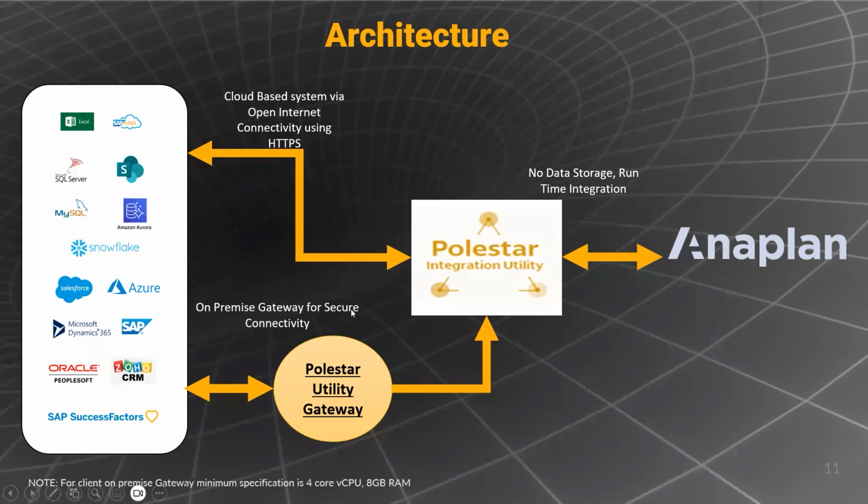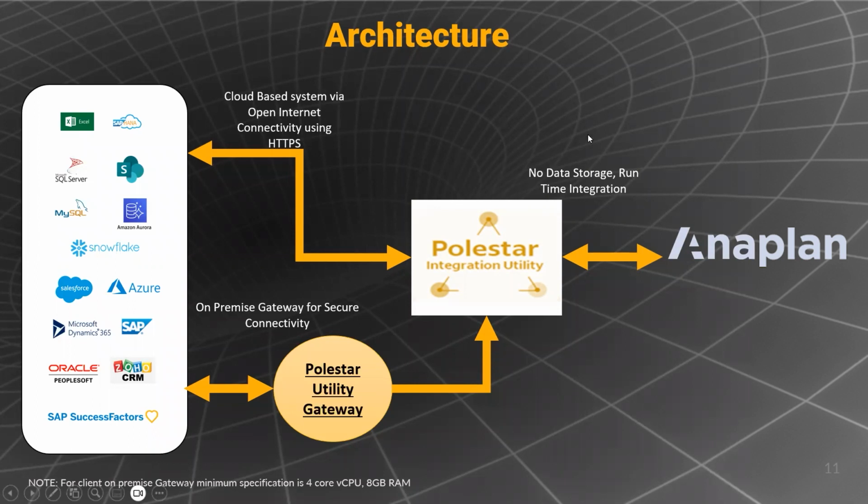The utility gateway provides a secure one-way integration with the Polestar integration utility cloud, and it does not open any other port. All communication happens through the HTTPS protocol only, on port 443, so that your data is pushed to the cloud systems in a totally secure manner.